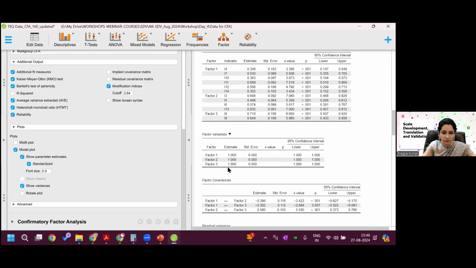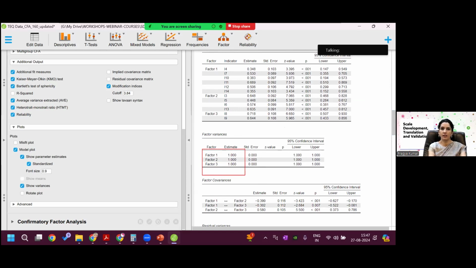Now coming to factor variances, you can see that for all factors, the estimate is set to 1. Why is it done? Because it is customary that you set the variances of all these factors to 1, and then the other measures are in proportion or relative to that.